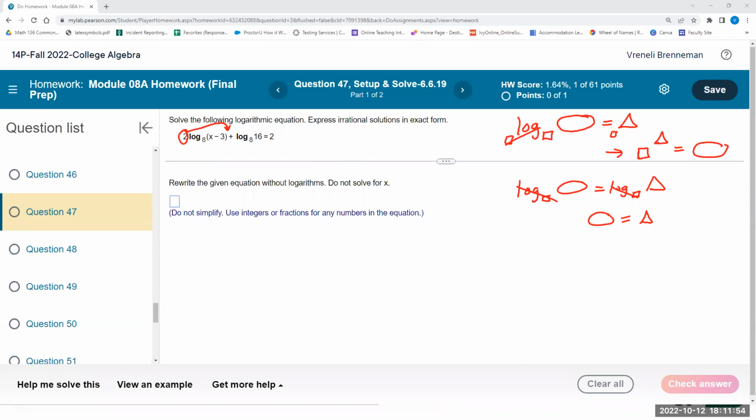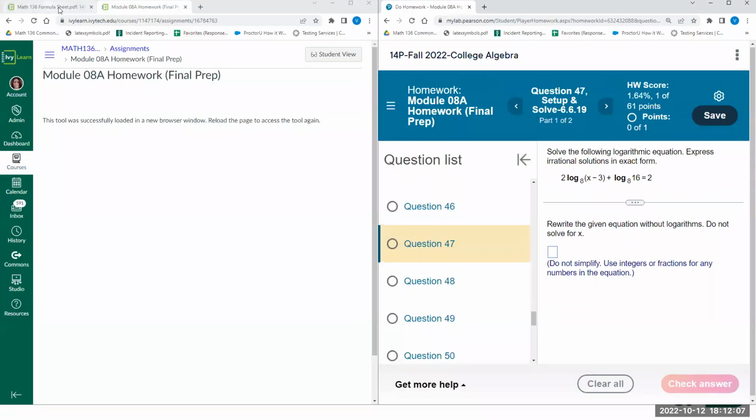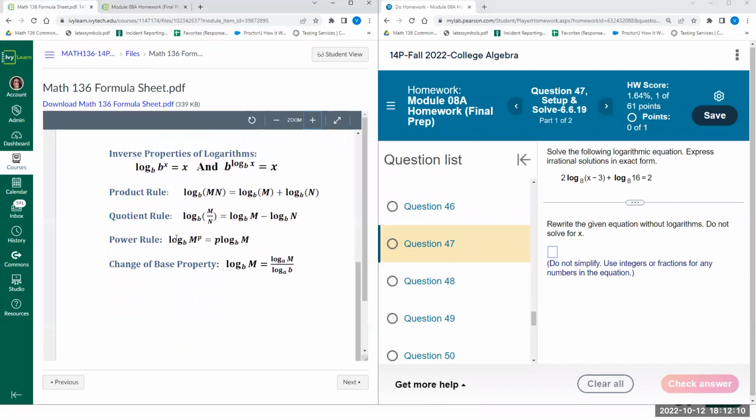So we have these rules on the formula sheet. So I have the power rule, and with these you can go either direction.